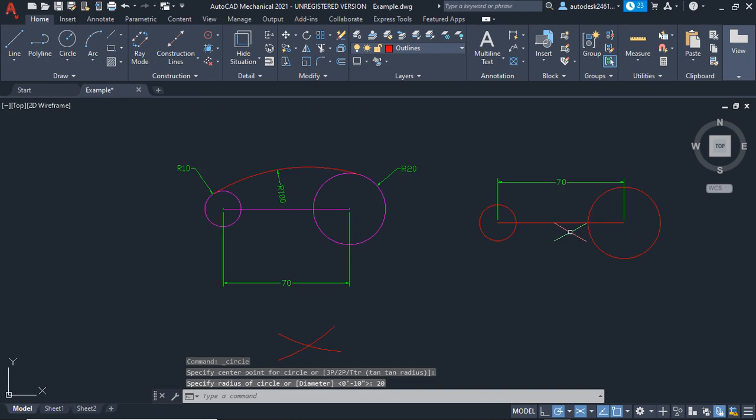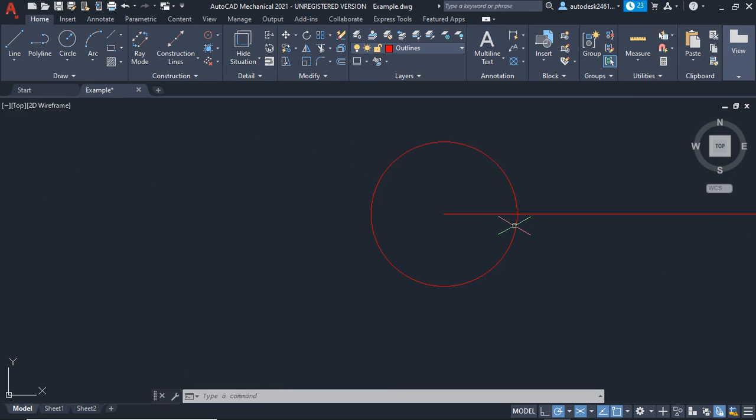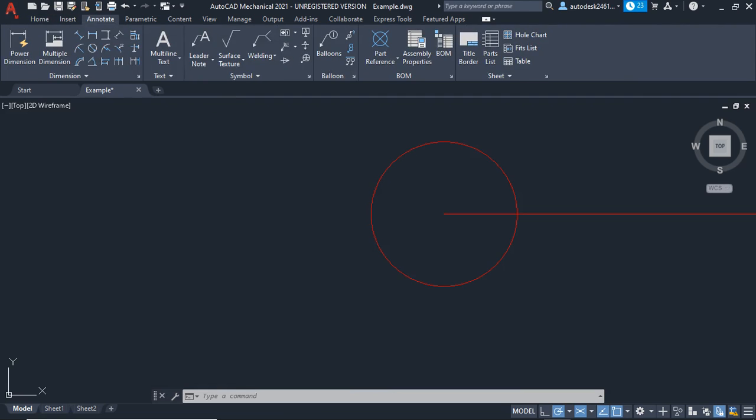So from here we have our circles, and we want to get in our curve. I'm going to delete this measurement so that it's a little clearer. Now when I look at this example, you need to remember that this circle has a radius of 10, but in all it has a diameter of 20.